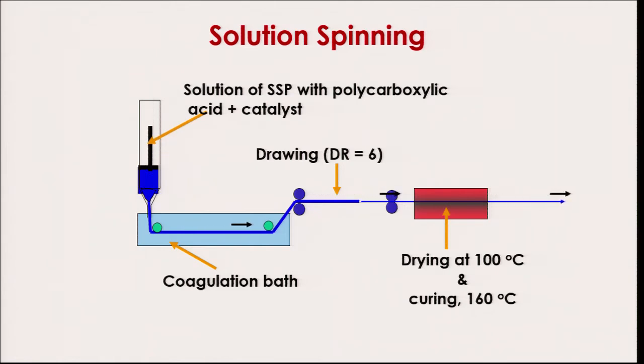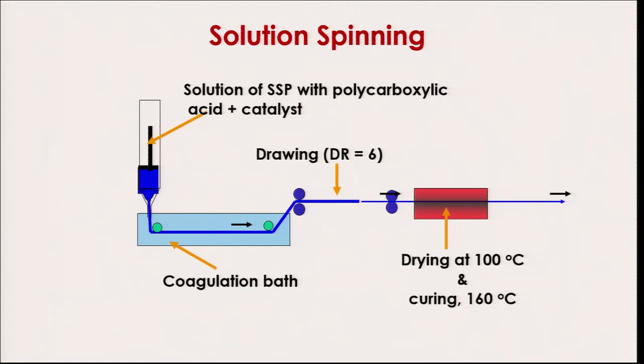The spun fibers pass through the coagulation bath, they get coagulated, they can be drawn, and subsequently dried at 100 degree centigrade and cured for a very short while at 160 degree centigrade to stabilize the fibers.